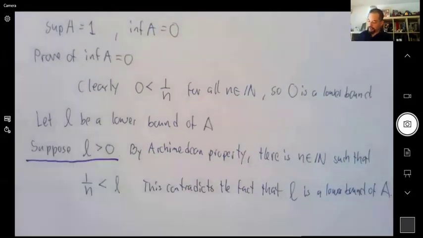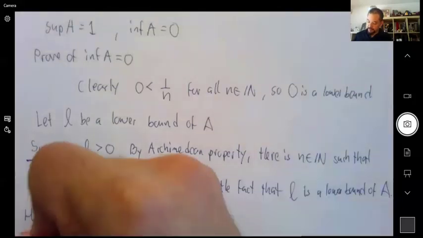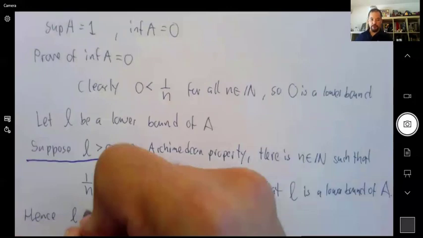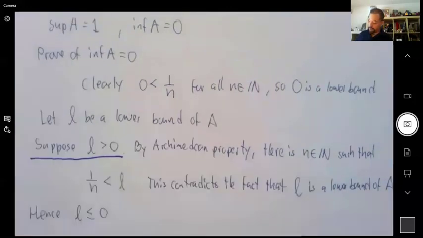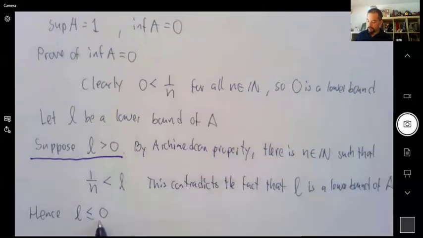So therefore, L is not greater than 0. Hence, L is less than or equal to 0. And then we're done, because 0 is a lower bound, and it's greater than all the other lower bounds.